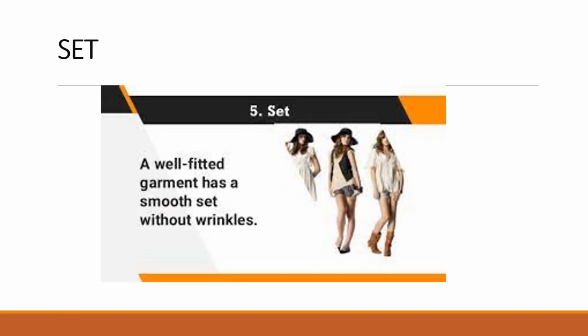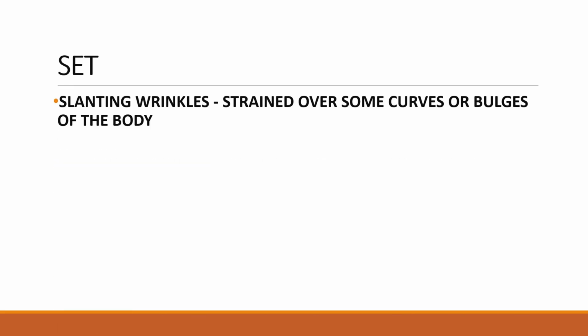Now there is another important property that is called the set while you are describing the fit. And what is set? A well fitted garment must have a smooth set without any wrinkles, and slanting wrinkles strained over some curves or bulges of the body.